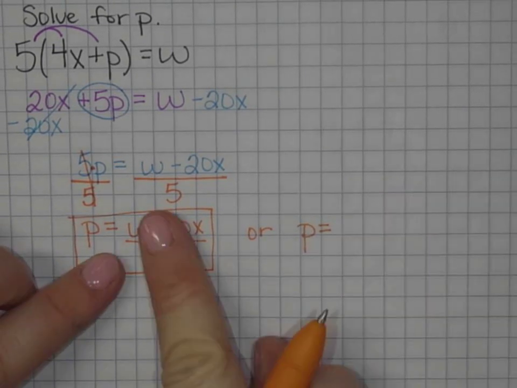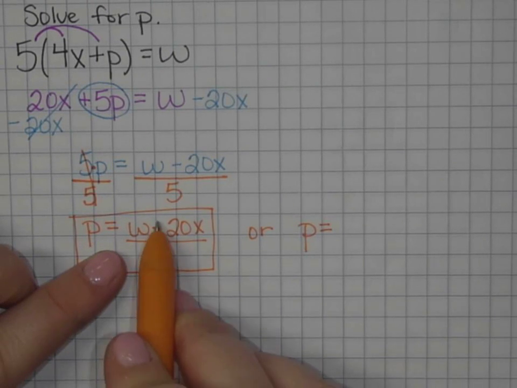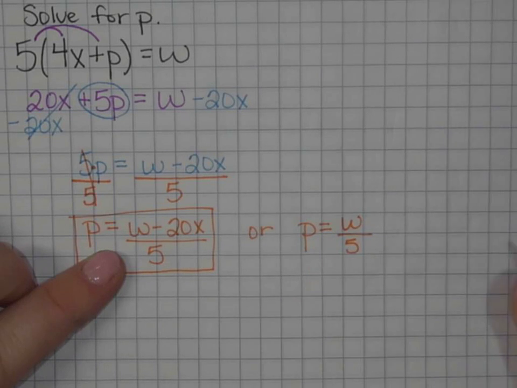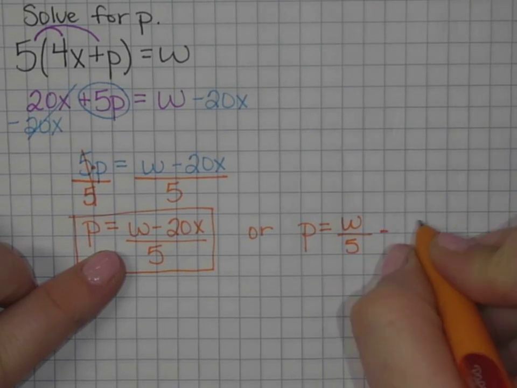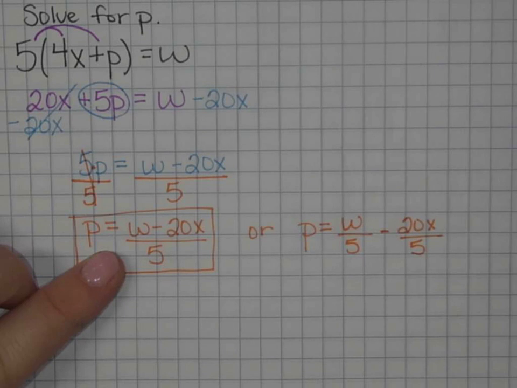So it would be p equals, break it apart, splitting it where the addition or subtraction sign is. So I would do w over 5 minus 20x over 5.